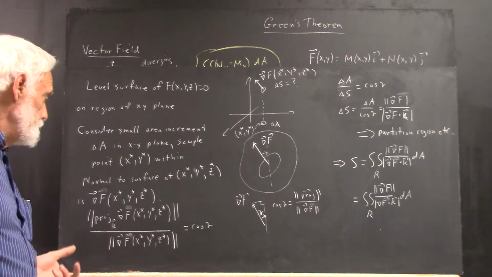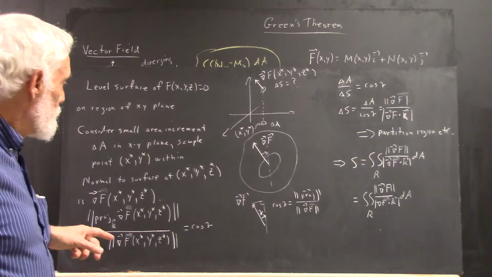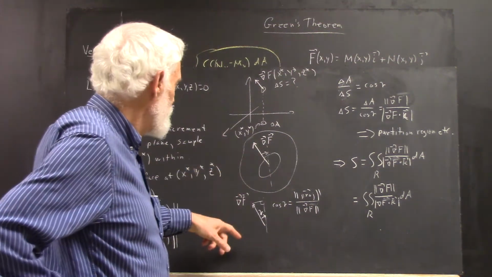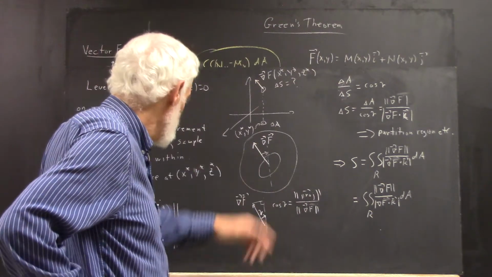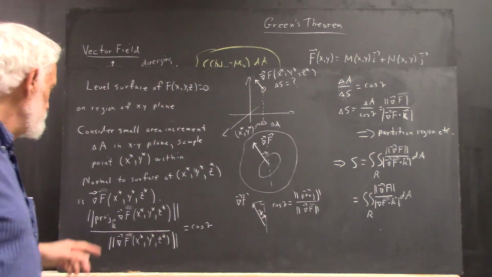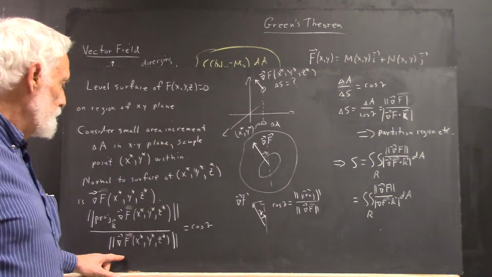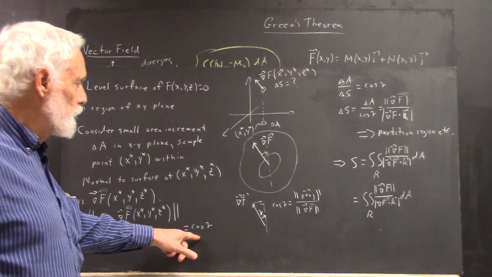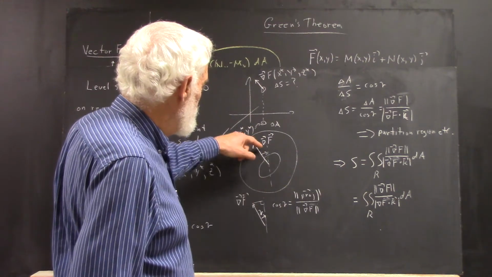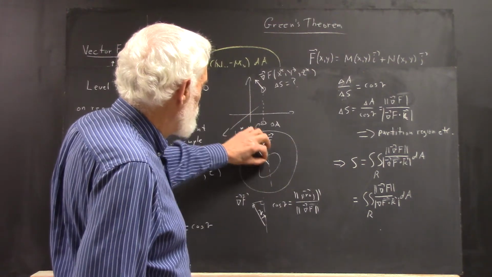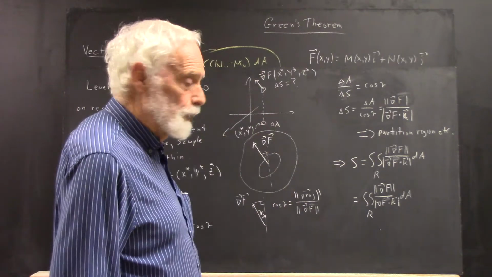Okay, then if we project del f onto the vertical direction, or project del f onto the k vector, and divide that by the magnitude of del f, we get the cosine of gamma, where gamma is this angle here between the normal to the surface and the vertical direction.